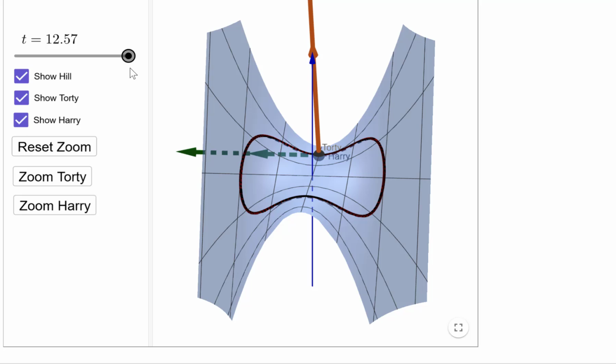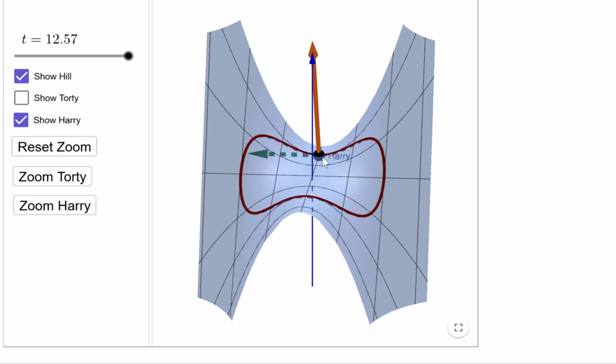But if you really wanted to make that statement with confidence, you could go ahead and compute the length of the curve that Harry travels around. If you had a vector valued function that represented Harry's path, you could compute the length of that curve from 0 to 4 pi.